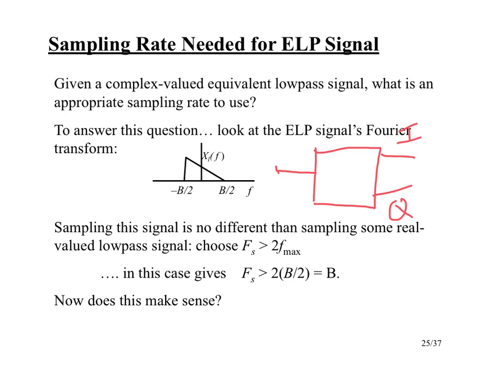So we get the I component and the Q component coming out. And if we generate this through analog circuitry, the next thing we're going to want to do is put an ADC here and another ADC here. So we're going to want to sample the I part and sample the Q part.